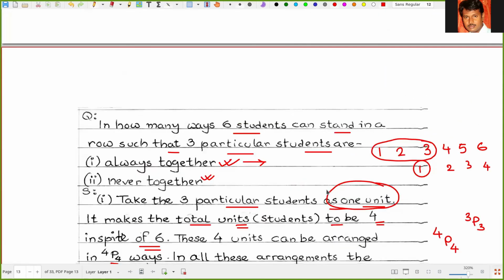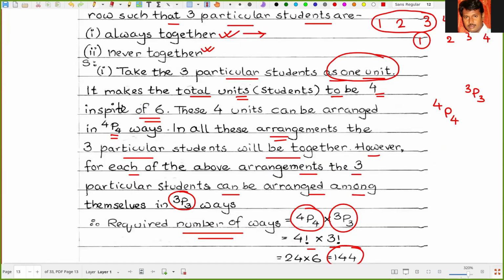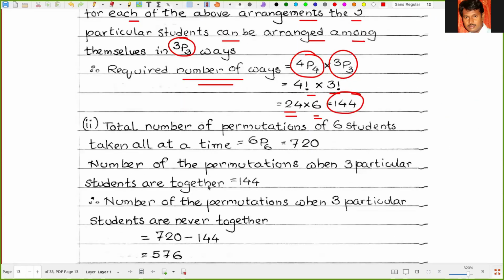Now the next question, never together. So never together means we are taking 6 out of 6. So the total number of permutations of 6 students taken all at a time, that is 6P6, that is 720. But the number of permutations when 3 particular students are together, that is 144.